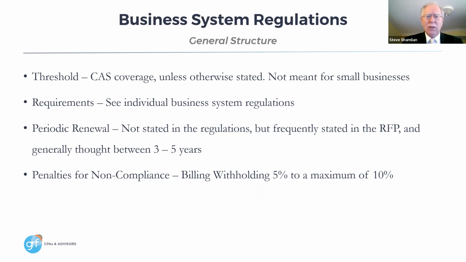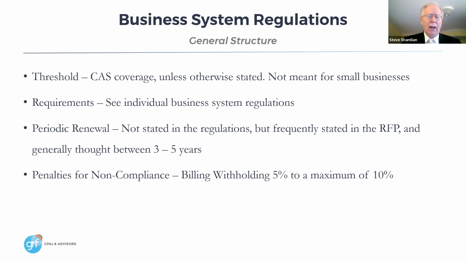Periodic renewal is not always stated. It is stated in the purchasing system, but it's generally thought of as between 3 and 5 years. So if you have an approved business system and it's getting to be 3 to 5 years old, you need to start thinking about getting it renewed.